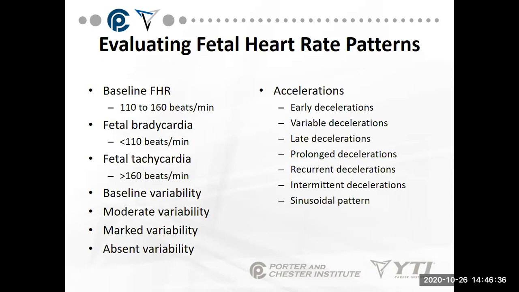When you're looking at fetal bradycardia, it occurs when the fetal heart rate is less than 110 beats per minute for 10 minutes or longer. Causes of fetal bradycardia can include fetal hypoxia, maternal hypoglycemia, maternal hypotension, or prolonged umbilical cord compression.